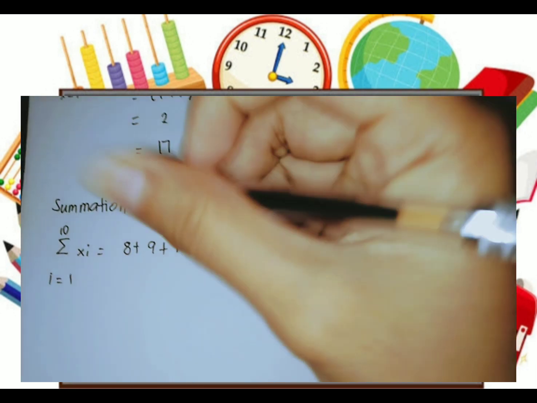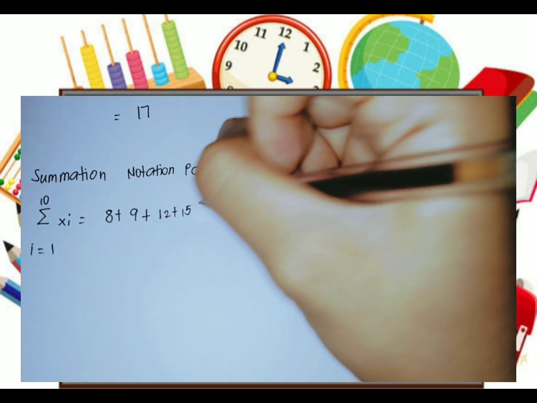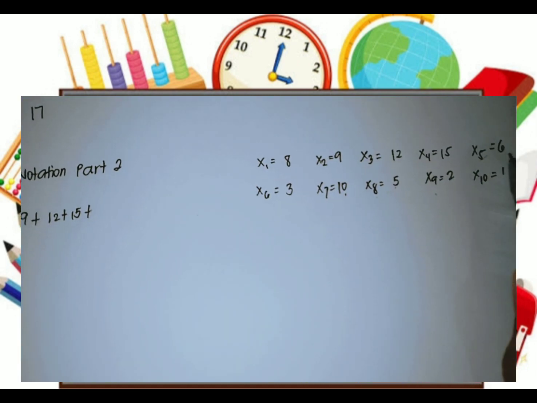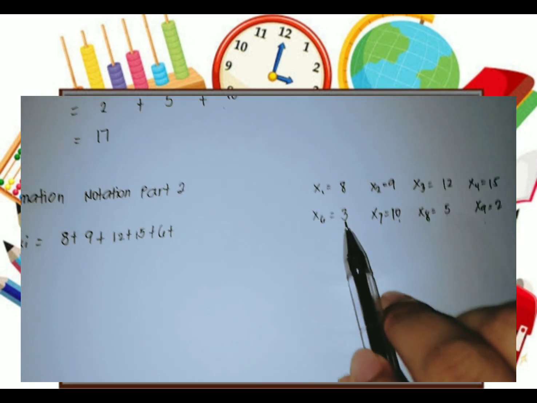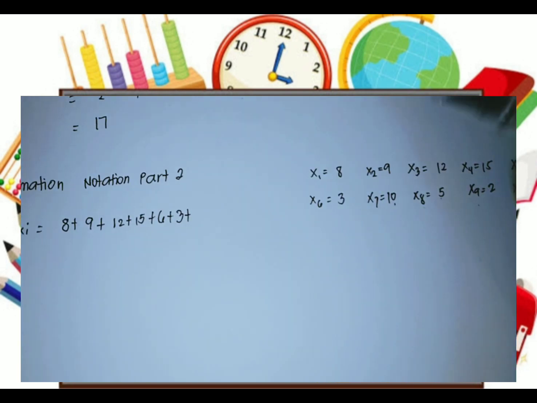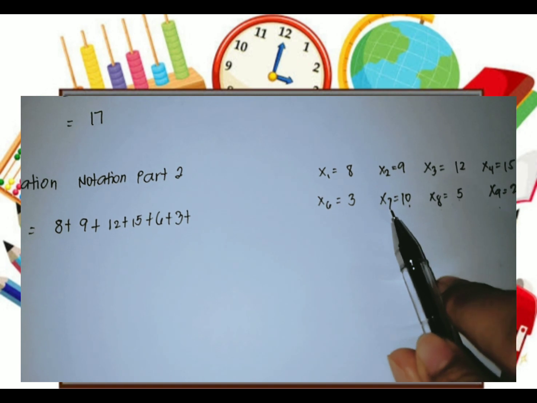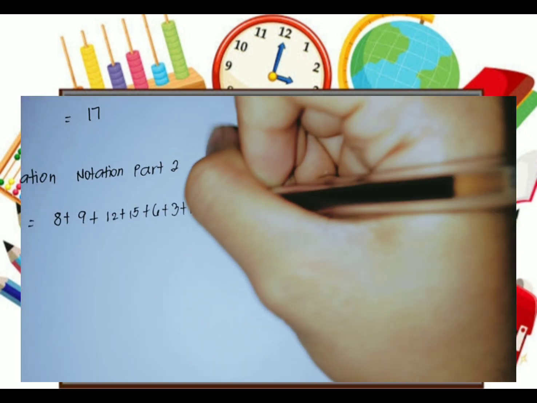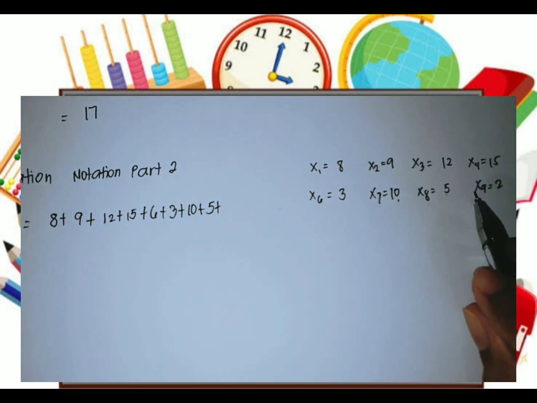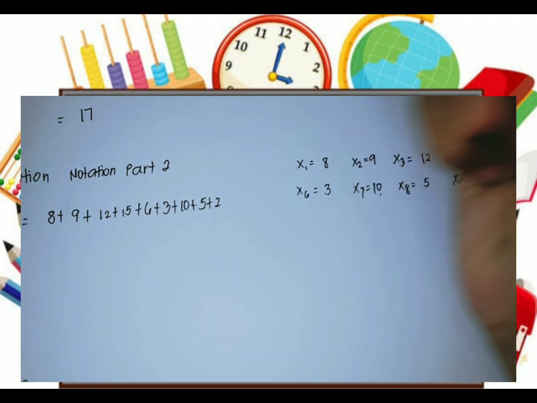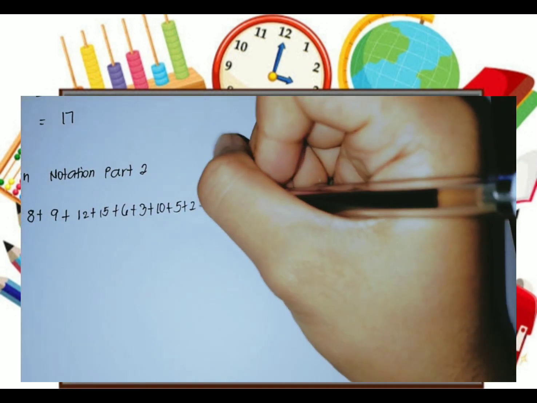Okay, so our x sub 1 is 8, our x sub 2 is 9, our x sub 3 is 12, plus our x sub 4 is 15, plus our x sub 5 is equal to 6, plus our x sub 6 is equal to 3, plus our x sub 7 is equal to 10, and our x sub 8 is equal to 5, our x sub 9 is equal to 2, and the upper limit x sub 10 is equal to 1.